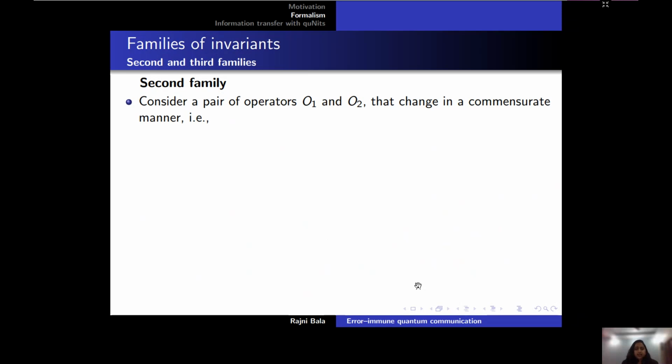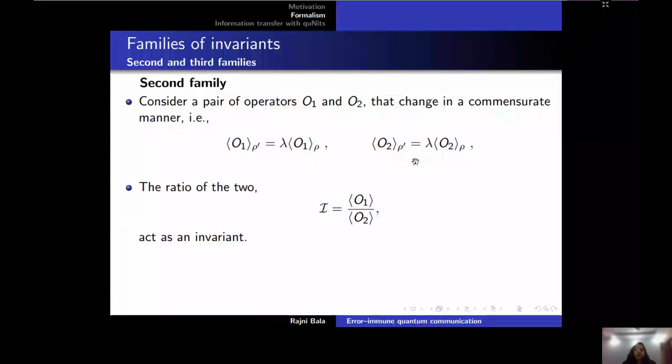That is, the expectation value of operator O1 with the noisy state changes by the same factor lambda as the expectation value of operator O2 for the same noisy state. And if that is so, the ratio of the two remains invariant. That is, if we encode information in these quantities, that will remain invariant.